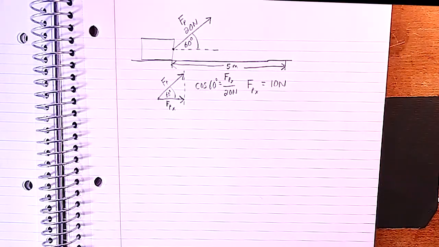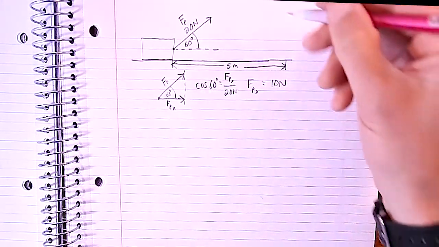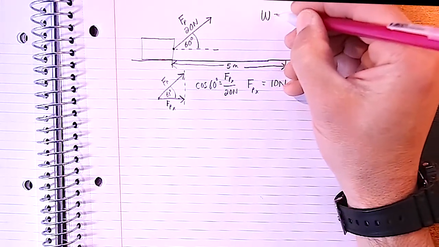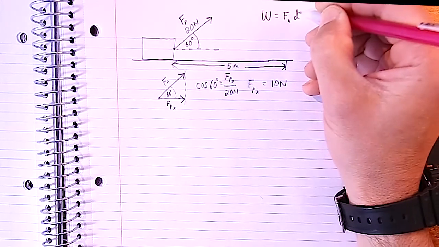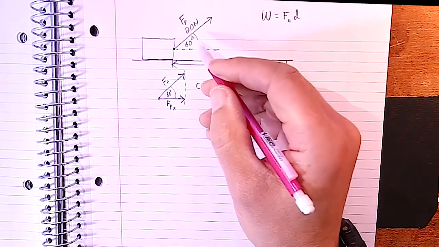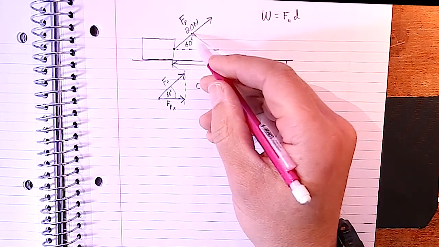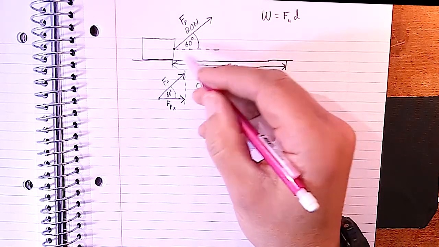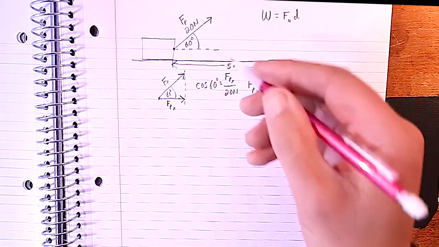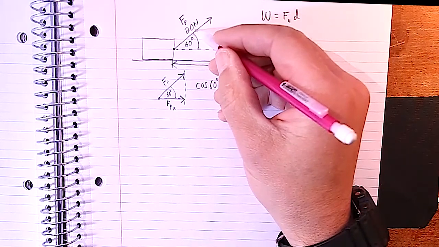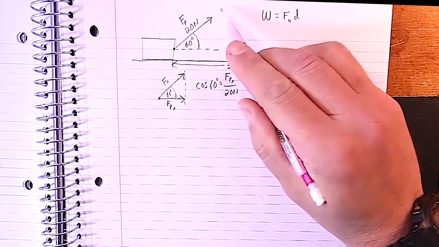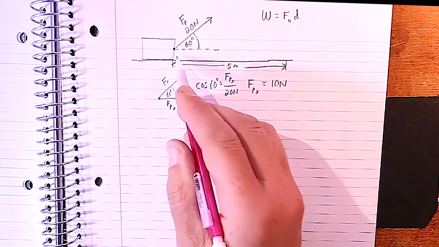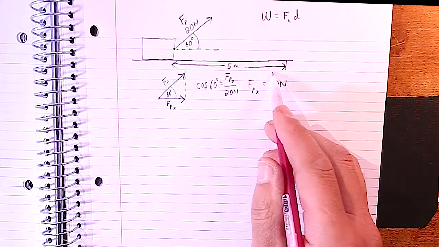One final example, to stress the idea that the work done is done by the force that's parallel to the displacement. Let's say we have a constant force of 20 newtons, but it's acting at 60 degrees on a block. Well, it's not the 20 newtons that's doing the work because the displacement is not parallel to this 20 newtons. So we need the force that's parallel to the 5 meters.